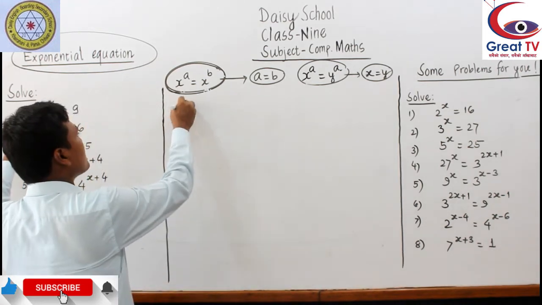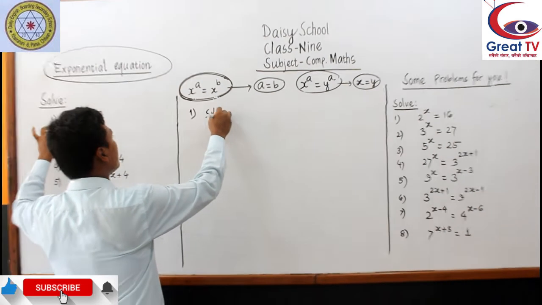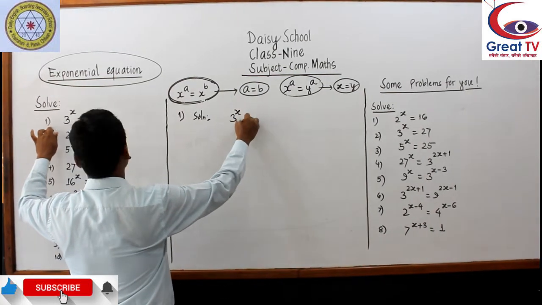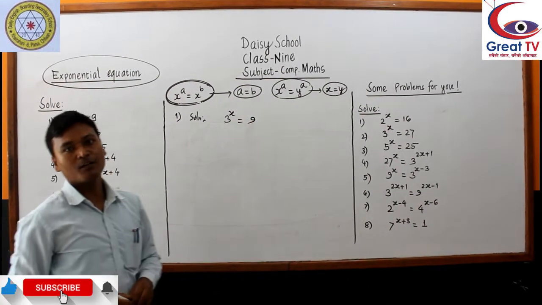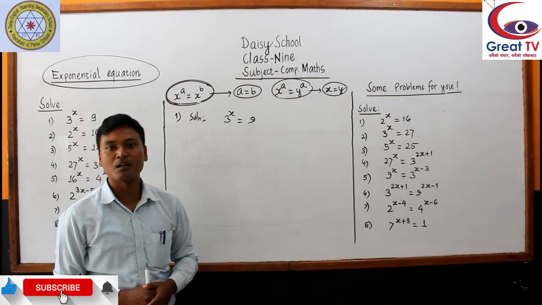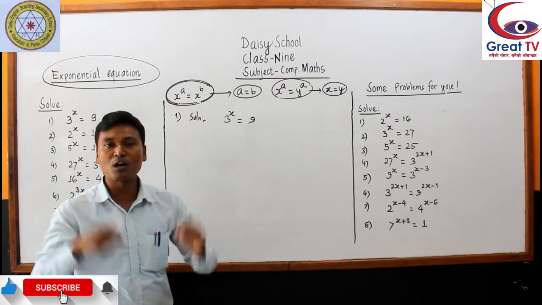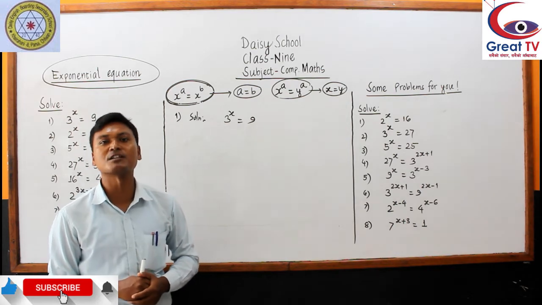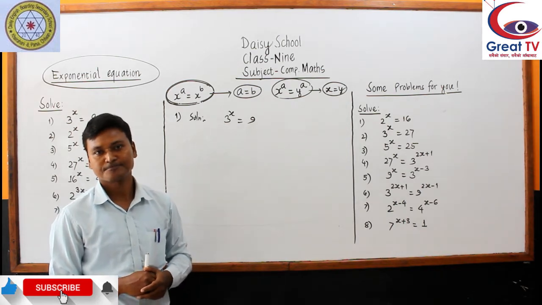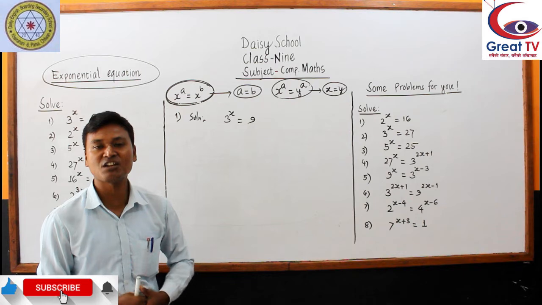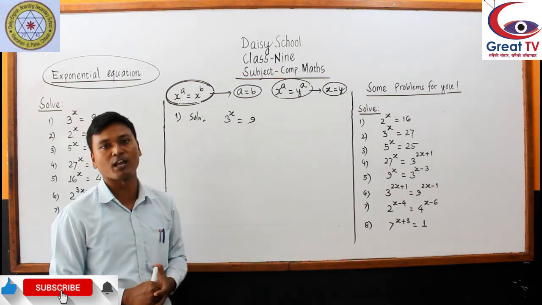Here I have one problem, A. We have 3 to the power x equals 9. One thing while solving problems from this topic, my dear students: in most of the problems we solve by making equal bases, because we know if the bases are same, powers are always equal.